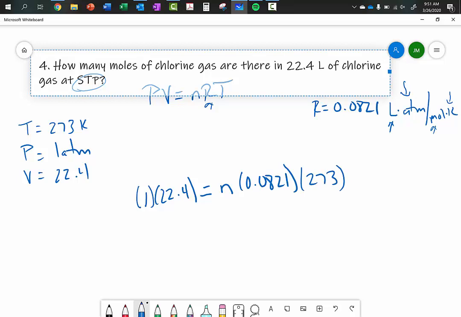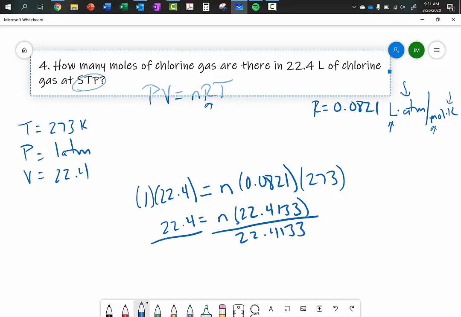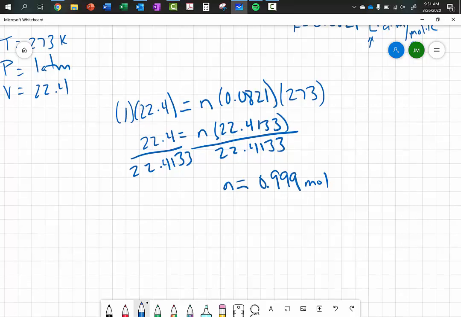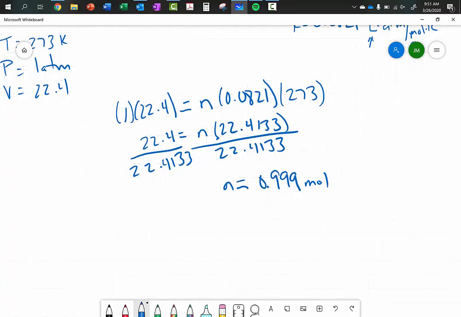I'm going to work this out through this algebraic equation, and I get an n value of 0.999 moles. Now, if you're like me, you're like, wow, that's really close to n is equal to 1. So it's about 1 mole in 22.4 liters of gas at STP.